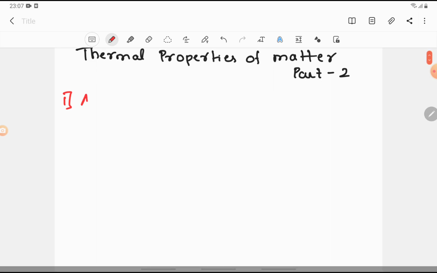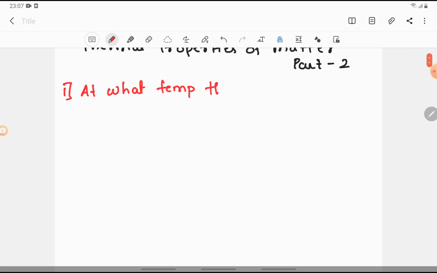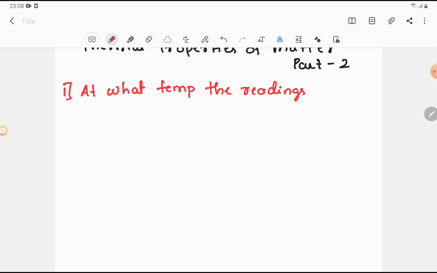At what temperature the readings on Celsius and Fahrenheit scale are equal.